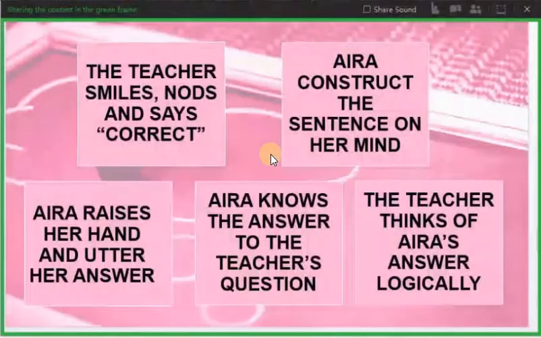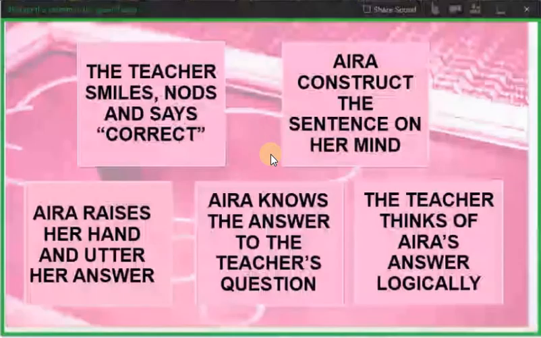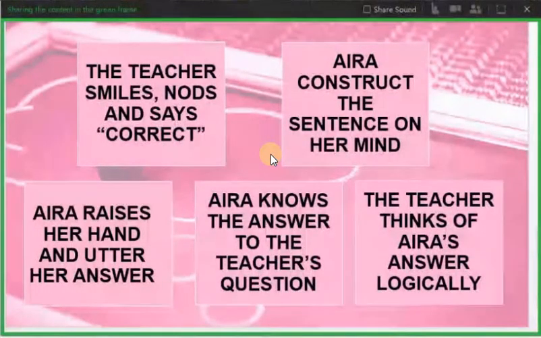Now, this is for a 3-point recitation. I'd like you to analyze the following scenarios and name them based on their elements. Which one is the speaker and which one is the message?